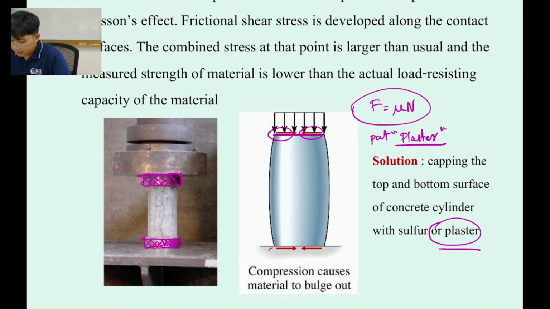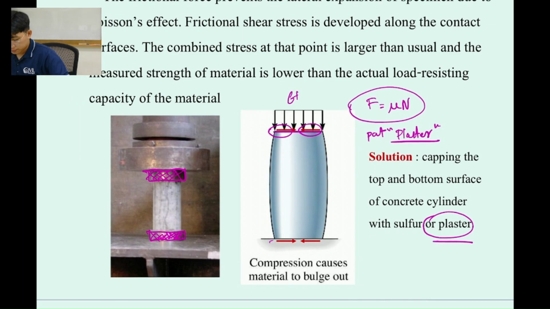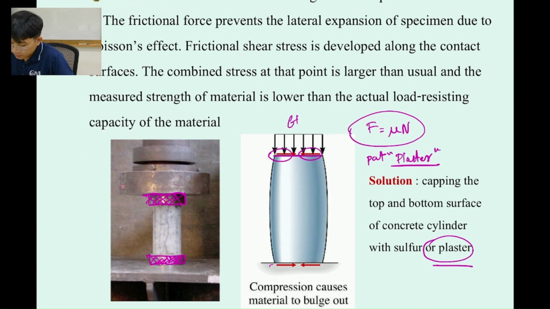Normally the bottom is okay, because when we cast it in the mold, the bottom is going to be flat automatically, but at the top, some of you may need to write something like group 1 or group 2, which means the surface is not going to be flat. Sometimes you need to cut the surface out. Okay, but this one is supposed to be in the ratio of 1 to 2 diameters in length.